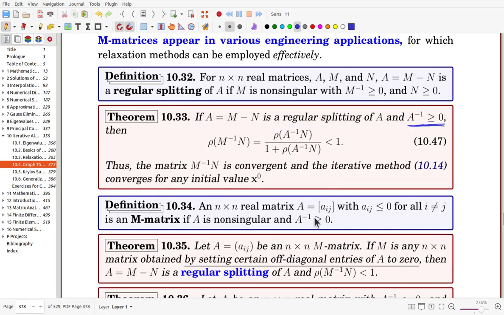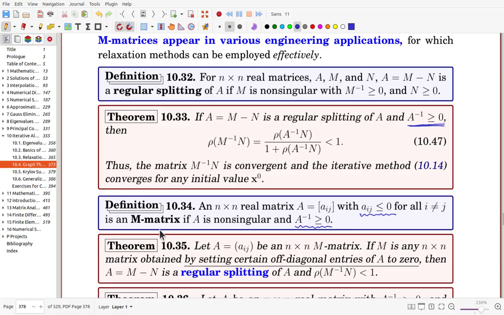Okay, now we go here, the M matrix. For a given matrix, the off-diagonal entries are non-positive, all of them. And also, A inverse is non-negative, all entries are non-negative.